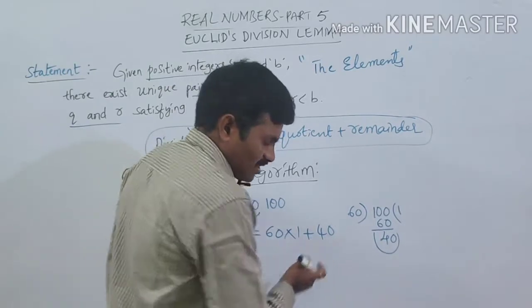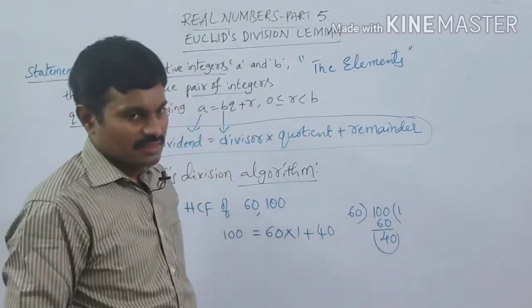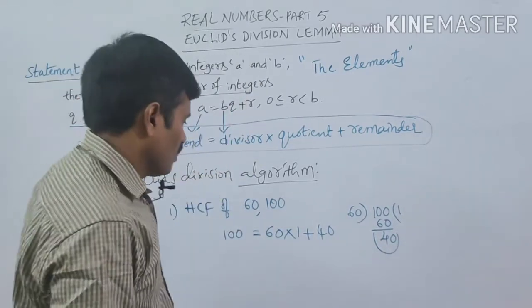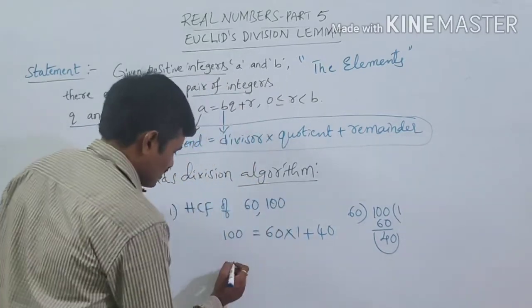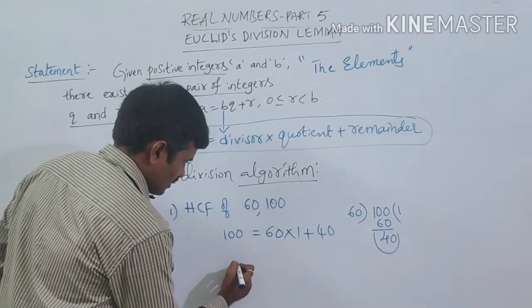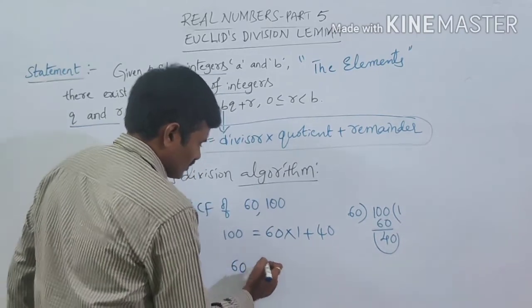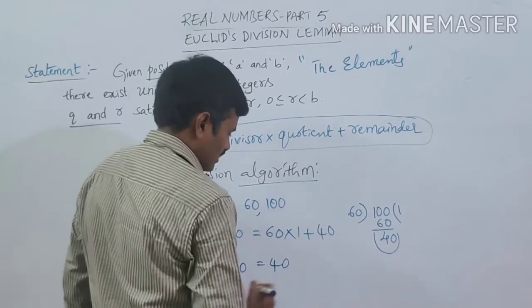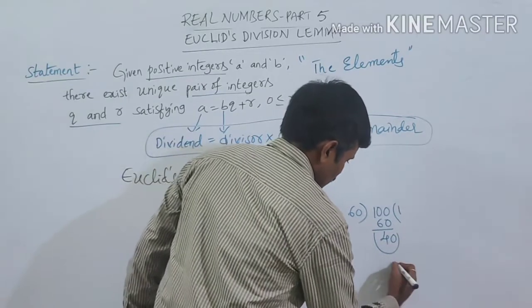Did we get remainder 0 here? No. Till we get remainder 0, we have to proceed with this procedure. Now consider this 40 as divisor and the 60 as dividend. 60 is equal to 40 into, now how many times is it possible?